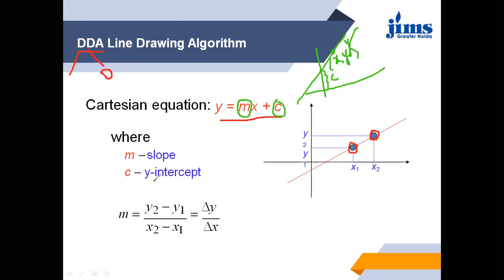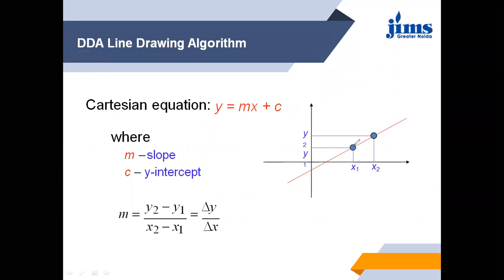To find out the value of m, we have to use delta y upon delta x. Suppose this is a line. The first coordinate, point A, is x1 in the x direction and y1 in the y direction.